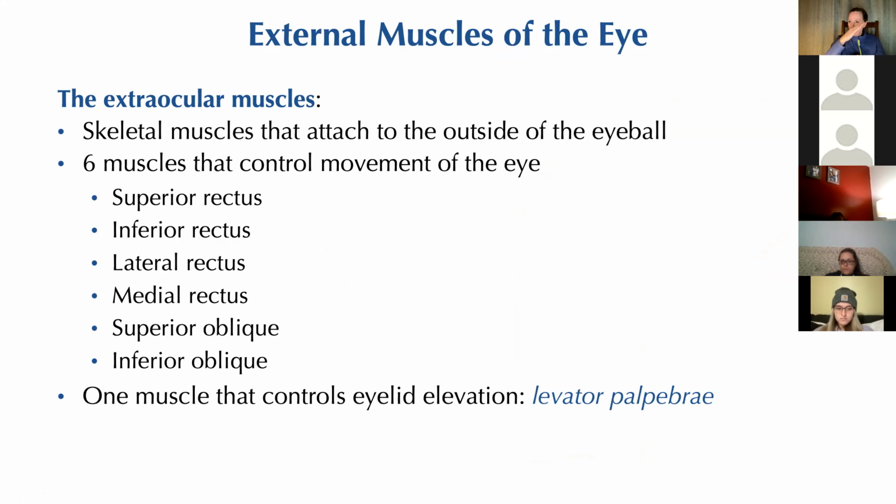And then we'll have some that come at a diagonal, a superior oblique and an inferior oblique. And the muscle that controls the elevation of our eyelids is the levator, like elevator, open it up. Palpebrae opens up the distance between our two eyelids.